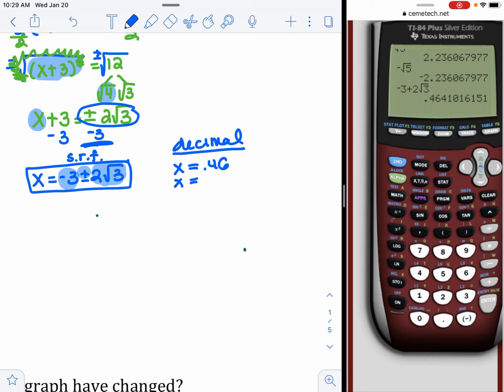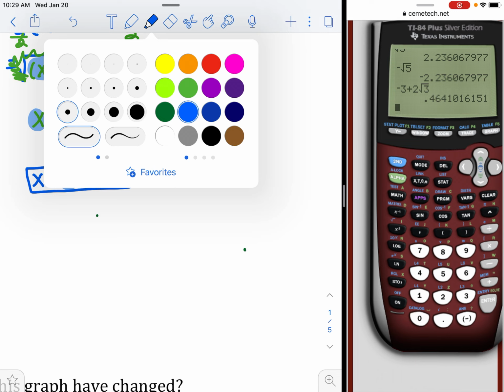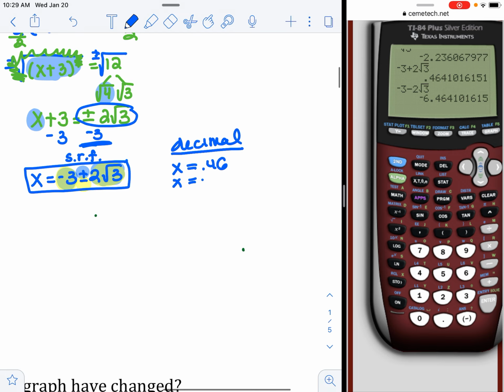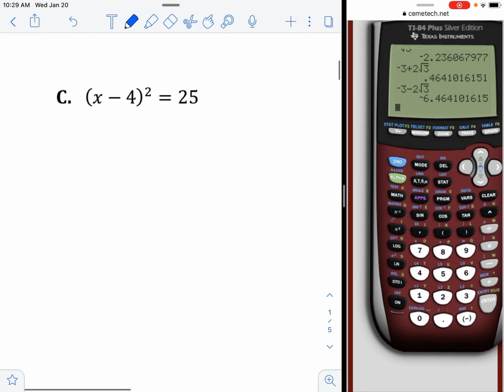Now for my second one, it's not negative 0.46, so please don't jump to that. Negative 3 minus 2 root 3 is negative 6.46. So there's my decimal answers. Okay, let's look at B now.